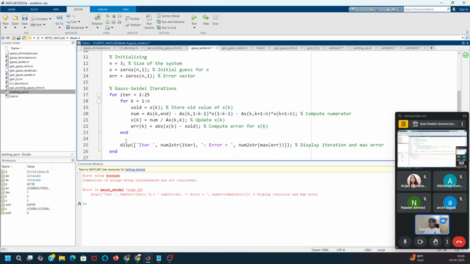This format is something wrong. I can just say display.